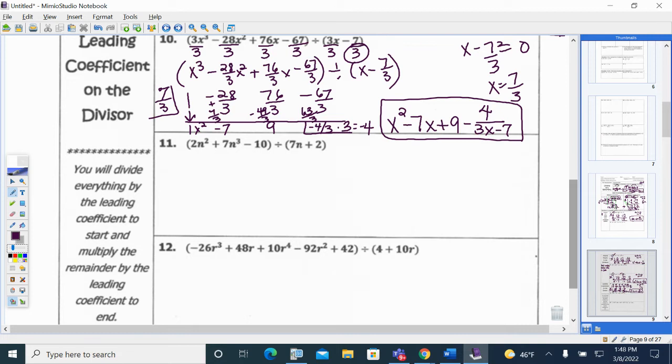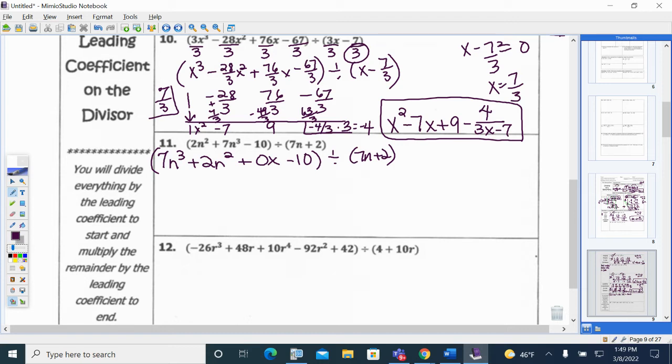So first thing we got to do is put it in order. So it's going to be 7n cubed plus 2n squared, and if it's okay with you, there's no x, I'm going to go ahead and put a 0x here, minus 10. So I'm holding that spot, and that's being divided by the 7n plus 2. Everything's going to get divided by the 7.